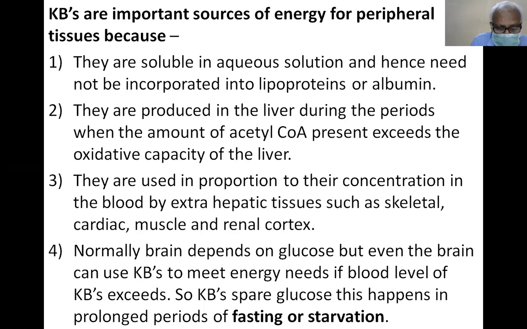But beyond that, it swamped the blood, and acidic pH was finally established at the end. So normally the brain depends on glucose, but even the brain can use ketone bodies to meet energy needs if blood levels of ketone bodies exceed. So ketone bodies spare glucose, and this happens in prolonged periods of fasting or starvation.